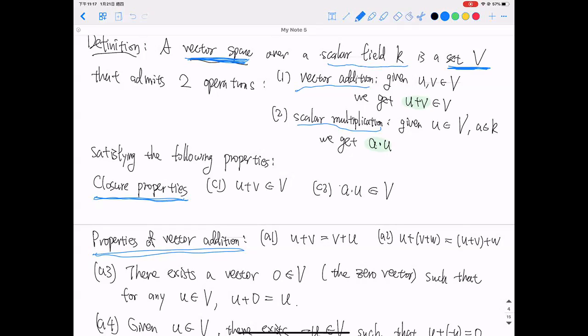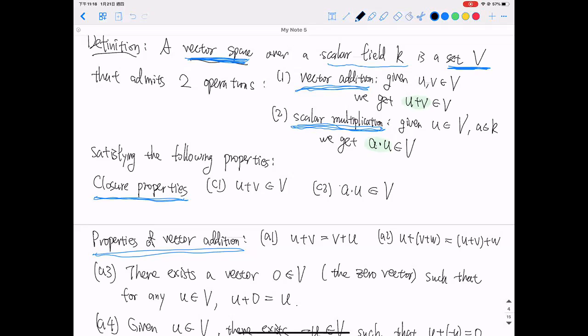The vector addition, which basically says given two vectors, you can form another vector called u plus v. And the scalar multiplication, which says that when you are given a vector u and a number in K called a, you can form a times u, also a vector. And I should probably say it's in V.